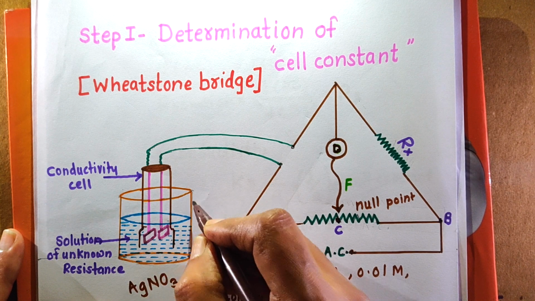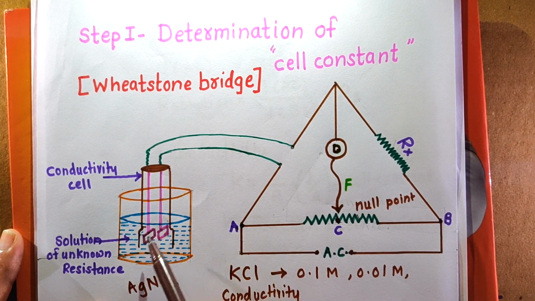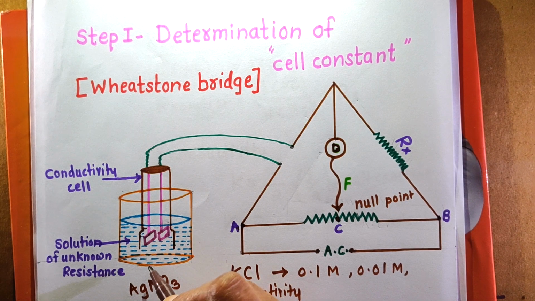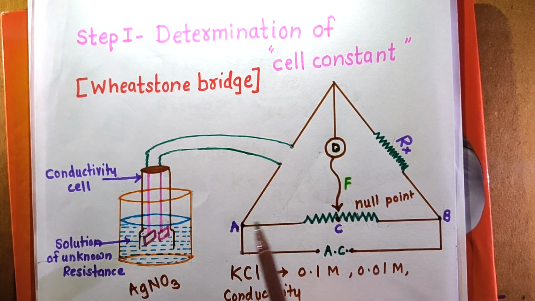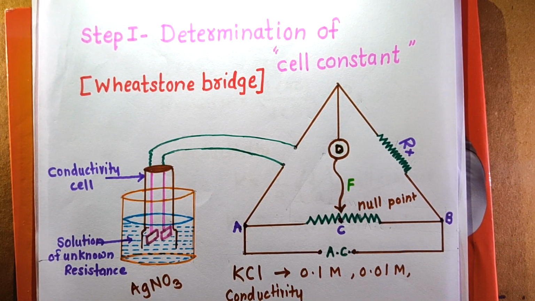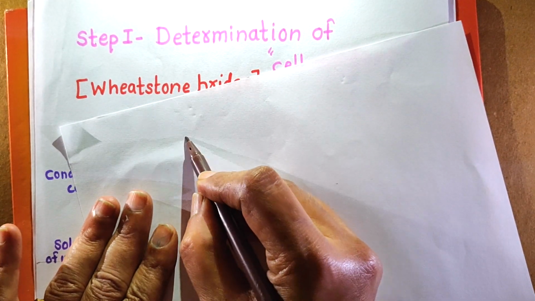We have to take this solution in the beaker and this conductivity cell is dipped. Now see here, we have to take AgNO3 solution. Suppose here we have taken AgNO3 solution. Again the experiment is repeated. Length AC, length BC can be calculated, and again we can write this formula.